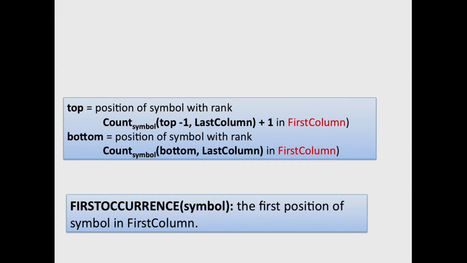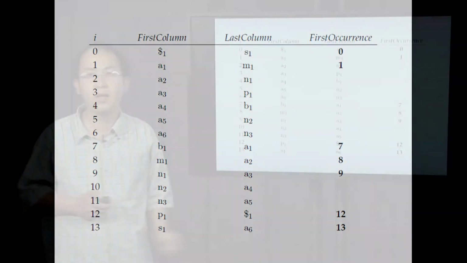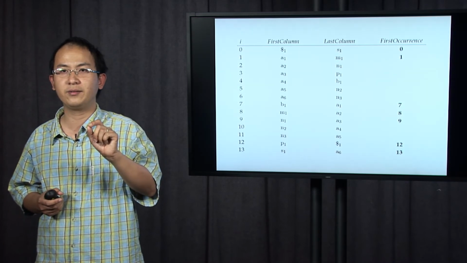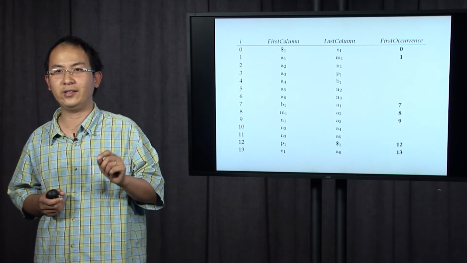But can we find it quickly? Well, it's not clear how to find it quickly in constant time. So we have to get another piece of information, which is the first occurrence of the symbol. It's the first position of the symbol in the first column. So this is the first column. The first occurrence of $ sign is 0. The first occurrence of A is 1.